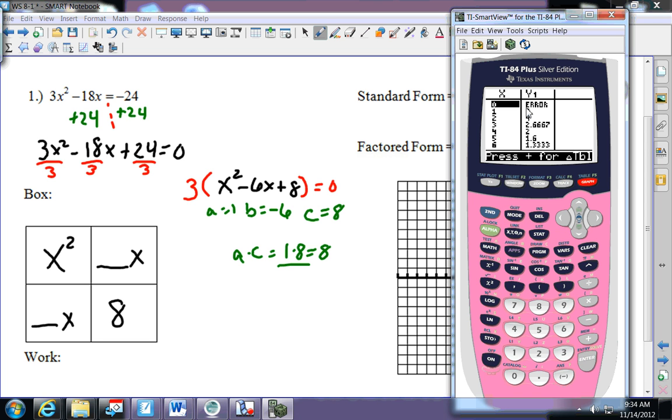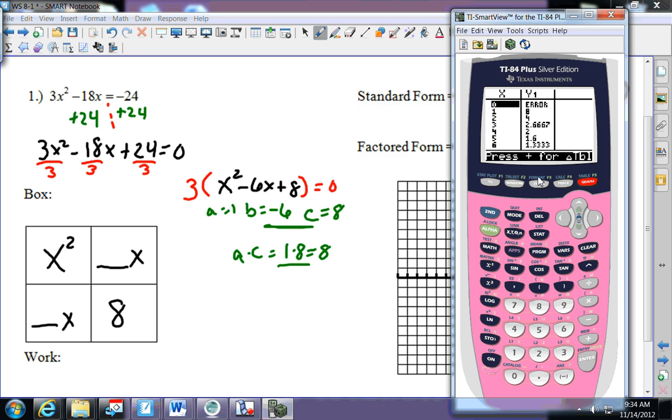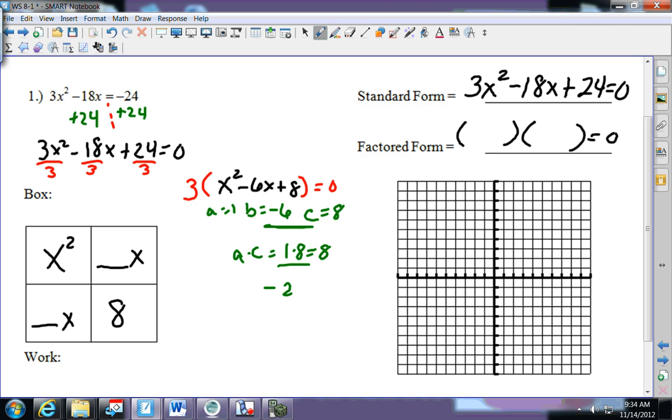It's always going to tell you an error at 0 because you can't divide by 0. Now I've got 1 and 8, but I need them to add up to give me negative 6. 1 and 8 is 9. 2 and 4 is 6, but I need it to be negative 6, so I need to look back the other way. There it is, negative 2 and negative 4. So the factors I'm looking for are negative 2 and negative 4.